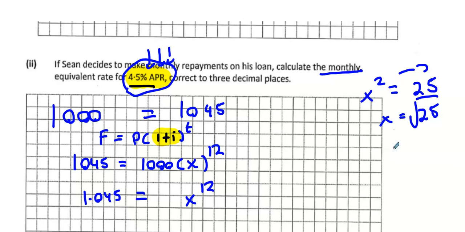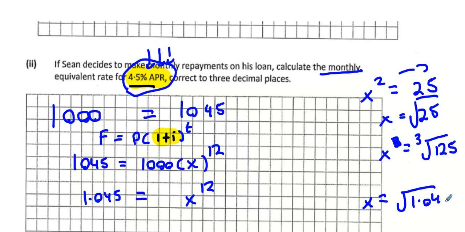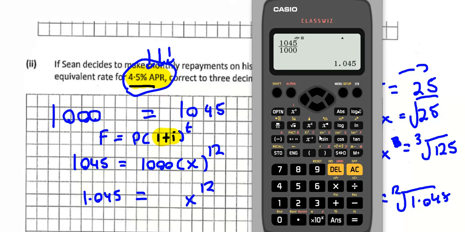What would you do if it's a cube root? You do a cube root this time. What do you do if it's to the power 12? Yeah, you absolutely 12 root it. Does anybody know where the button is for a 12 root? Yeah. This button here, once again, lads, not your fault.